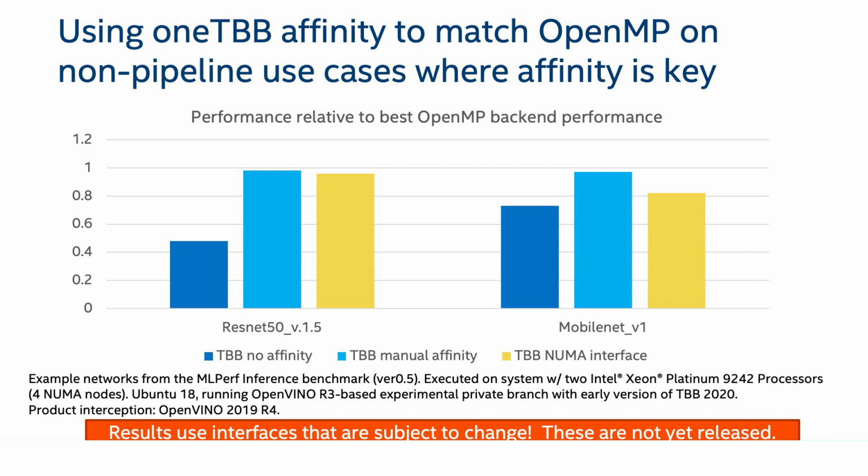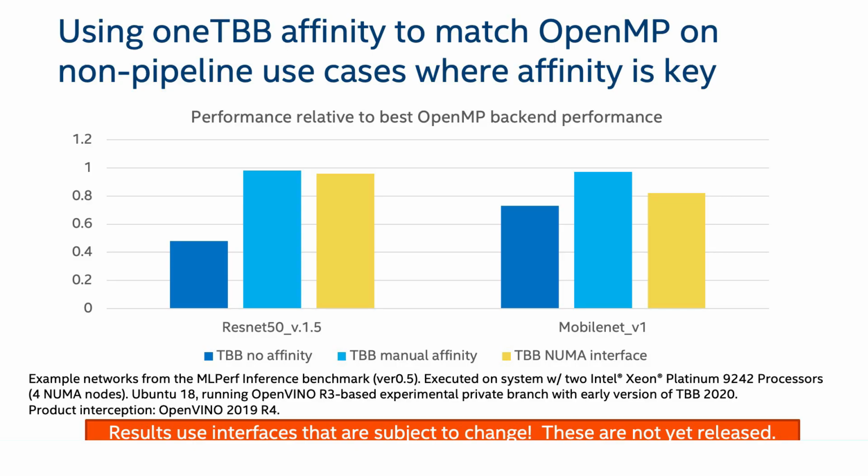And the leftmost blue bar represents not doing any tuning for TBB and NUMA. And you can see for ResNet, we were seeing only 50% of the performance of OpenMP. And for MobileNet, we were seeing only 75% of the performance of OpenMP. Now remember, OpenVINO wants to use TBB because for their real-world applications where they're complicated, TBB could give 2x performance, but they had to deal with this as well.